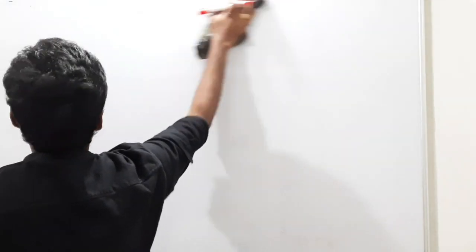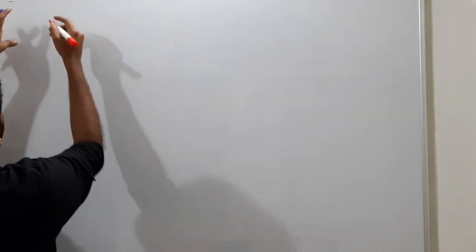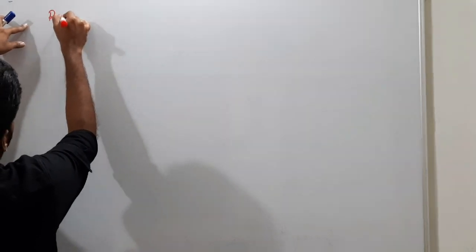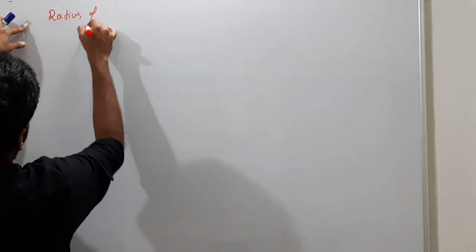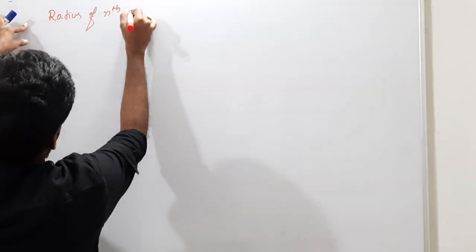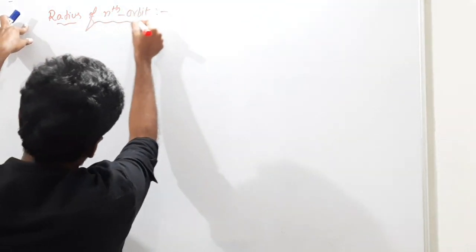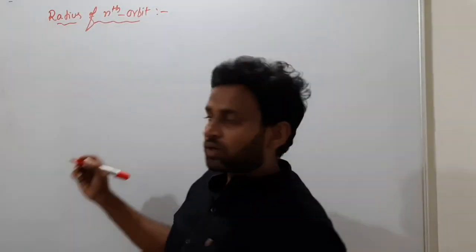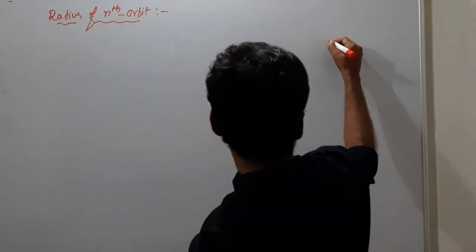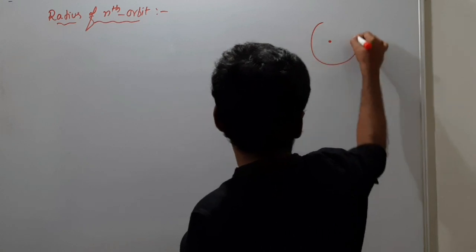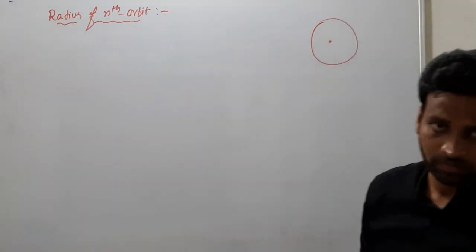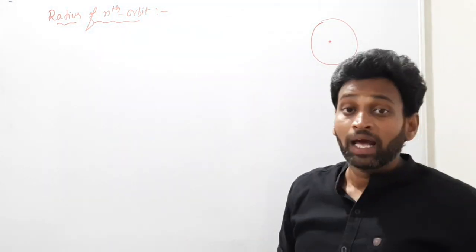Now we will discuss one most important concept, that is the radius of the nth orbit. If an electron is revolving in a certain orbit like this, who is revolving?